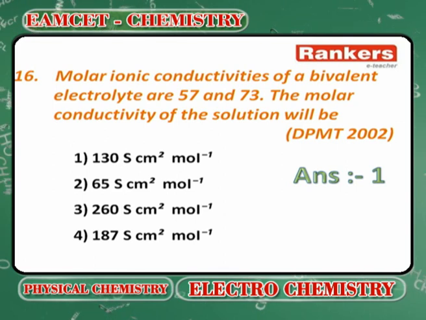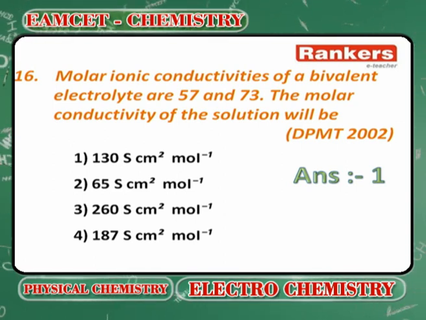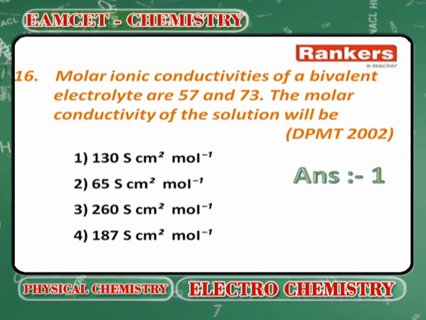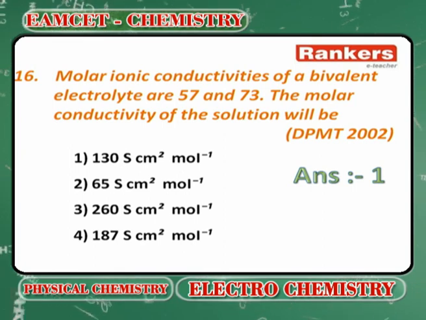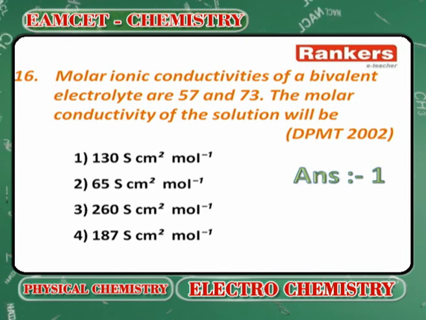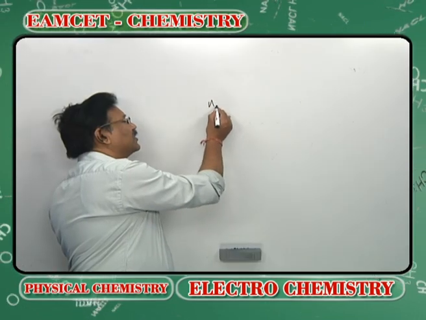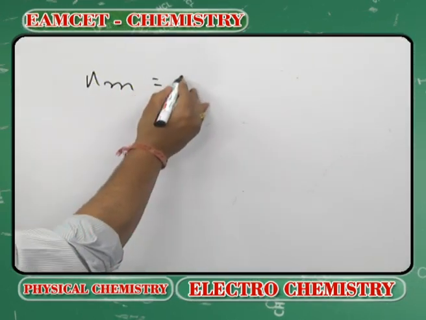The molar conductivities of a bivalent cation and a bivalent anion are 57 and 73. Then what will be the molar conductivity? Nothing but 57 plus 73.